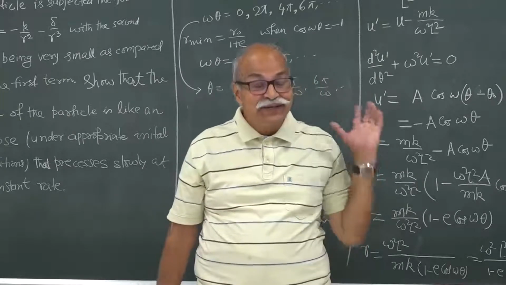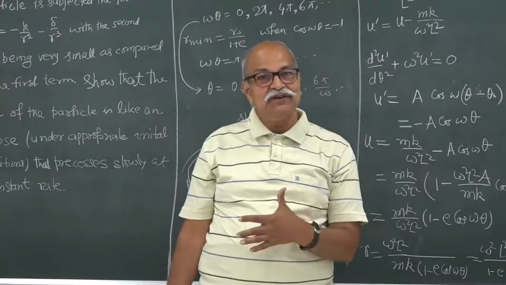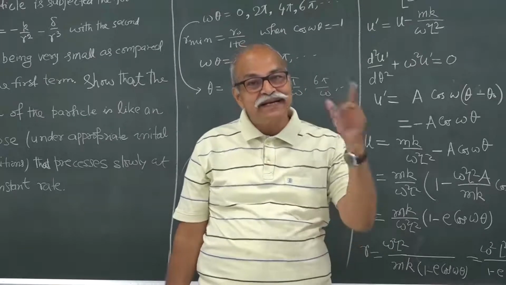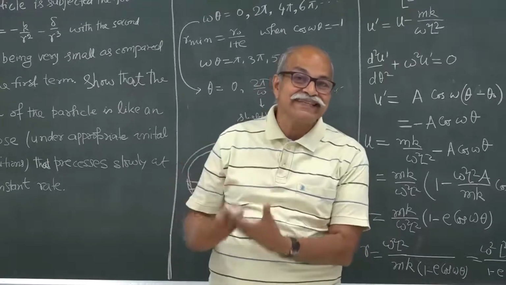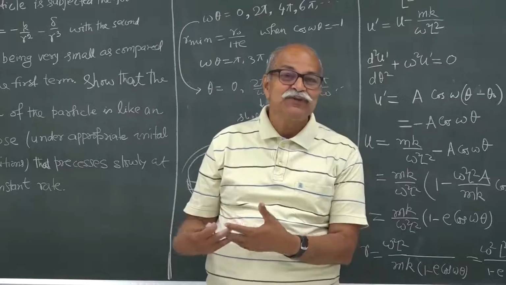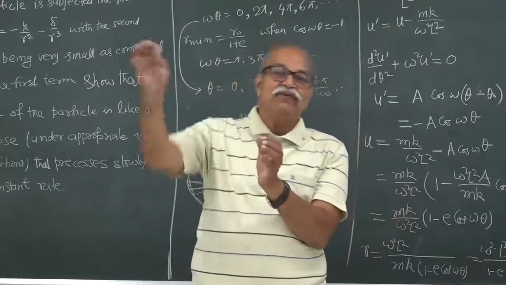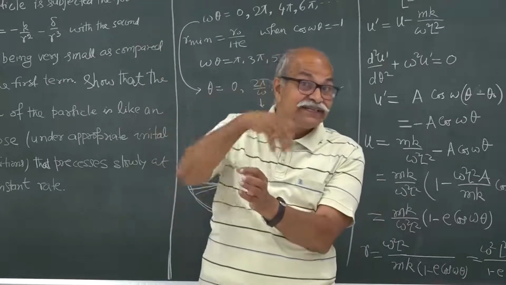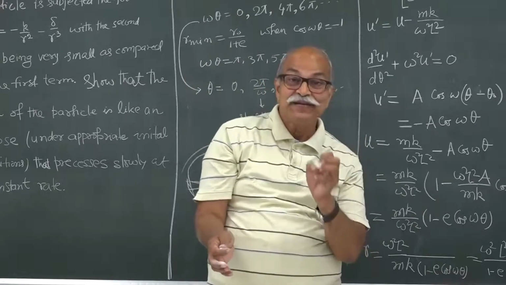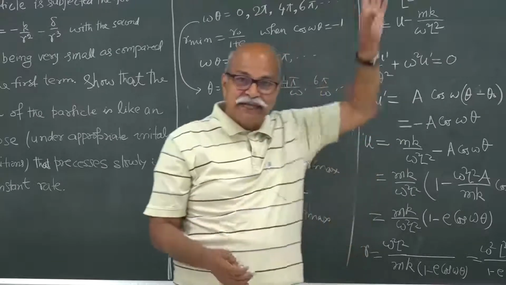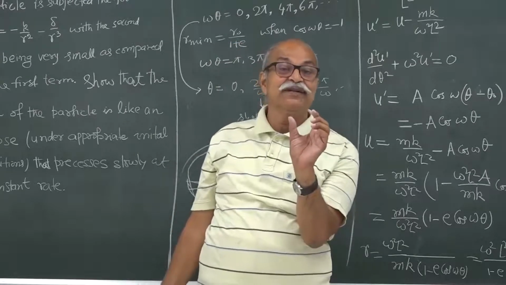In fact, it is related to the very famous observation of precession of the orbit of Mercury around the Sun, which was the first test of the general theory of relativity. From Newtonian mechanics, we can do all this analysis and find the effect of other planets, which perturb the inverse square attractive force due to the Sun alone. That precession is explained by Newtonian theory, but the amount of precession is very small.